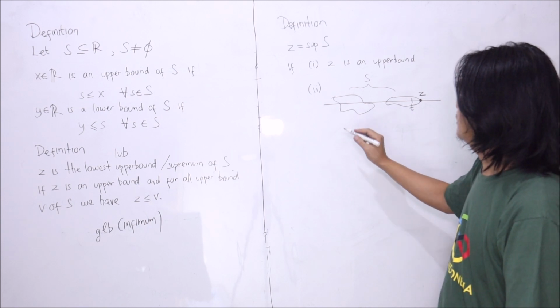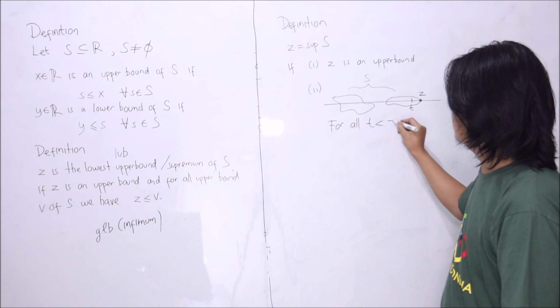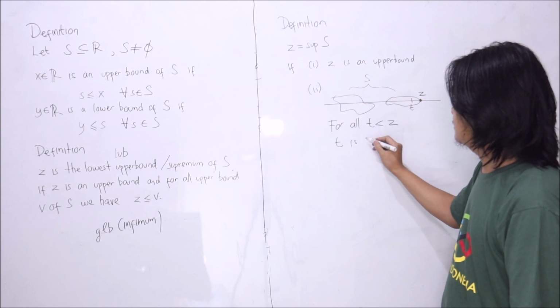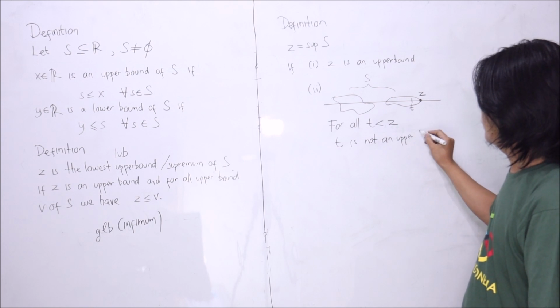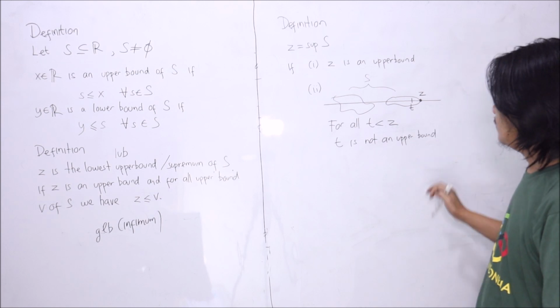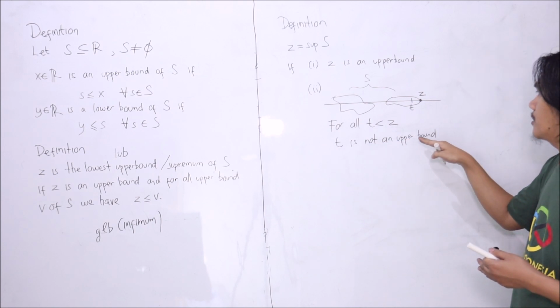So let's say for all t less than Z, t is not an upper bound. What does it constitute when we say that t is not an upper bound?